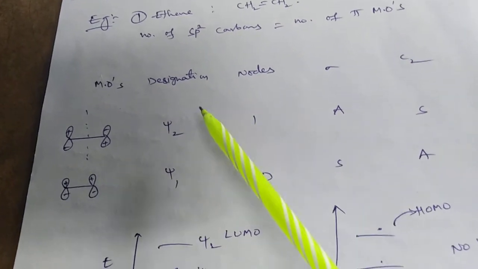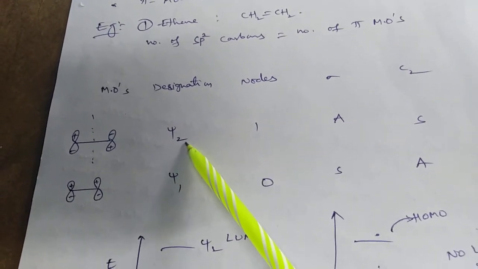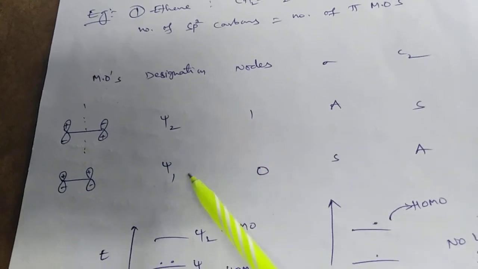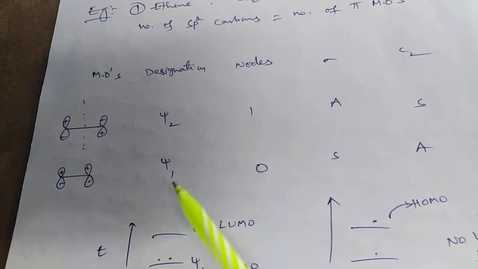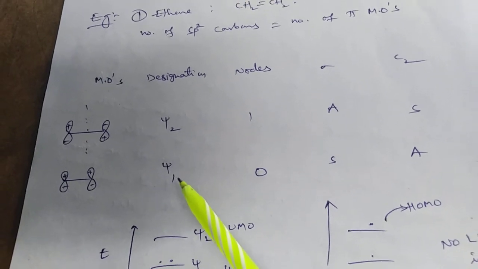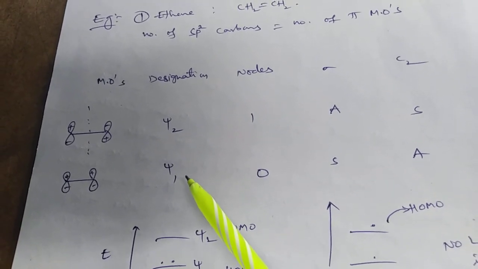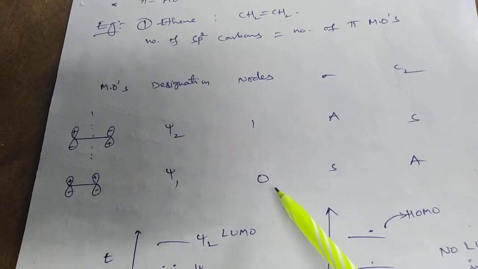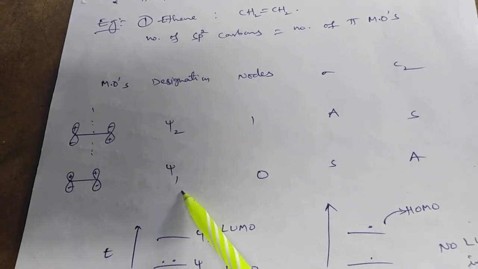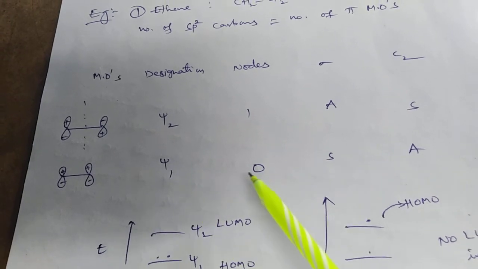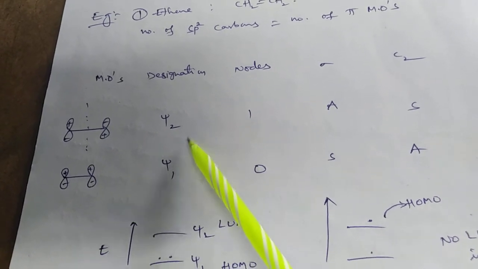Notes: for an even-numbered molecular orbital, 1 node; for an odd-numbered molecular orbital, 0 nodes. Because if n molecular orbitals are present, nodes are n minus 1: for psi1, 1 minus 1 is 0, and for psi2, 2 minus 1 is 1.